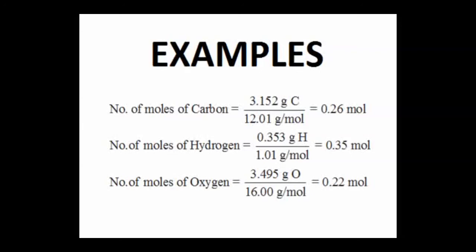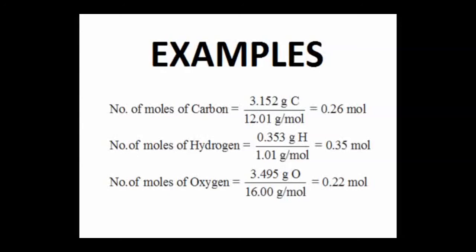You will get number of moles of hydrogen equals 0.353 grams of hydrogen divided by 1.01 grams per mole. You will divide these values and you will get the answer 0.35 moles. We can say that 0.353 grams of hydrogen will contain 0.35 moles of hydrogen atoms.